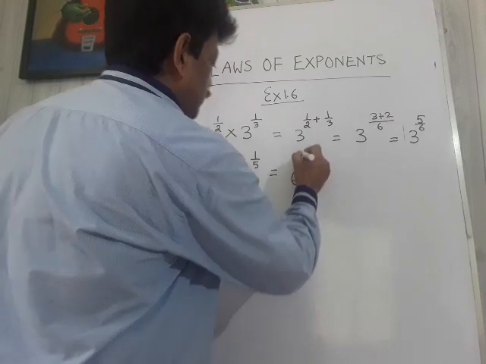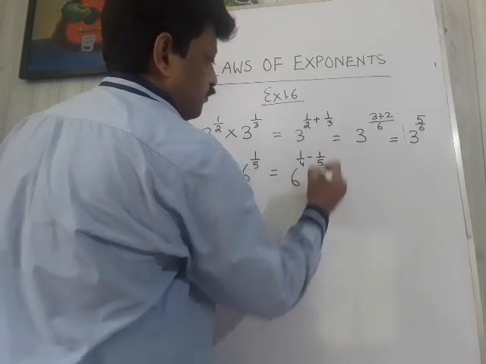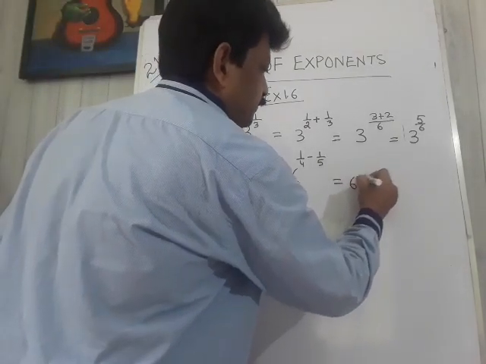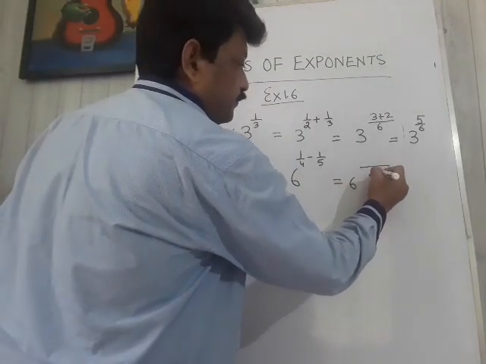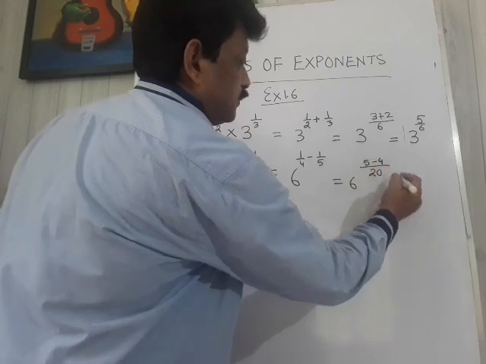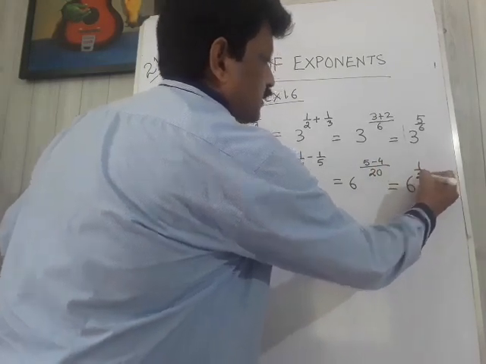So 6 power 1 by 4 minus 1 upon 5. Again we have to find the LCM. 4 and 5 LCM is 20, and here it will be 5 minus 4. So that will give us 6 power 1 by 20. This is the answer.